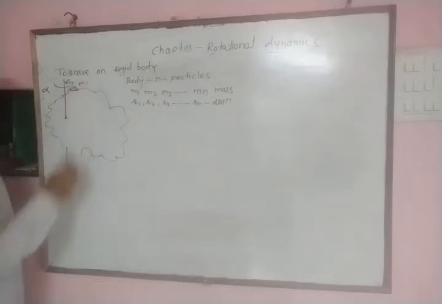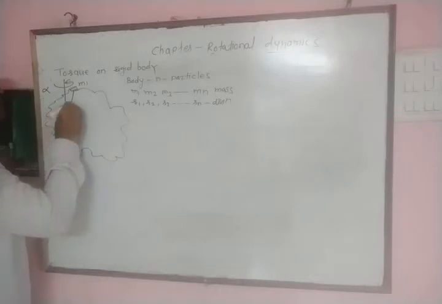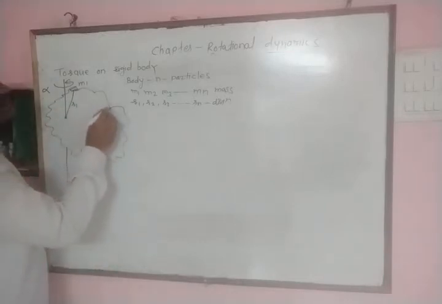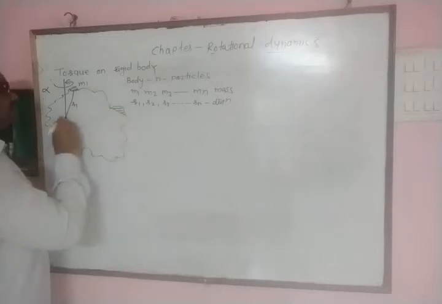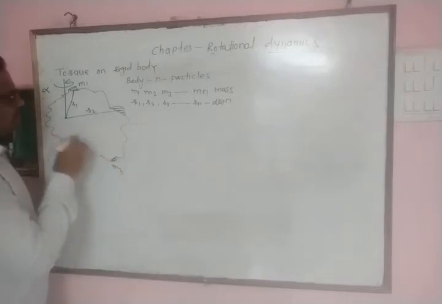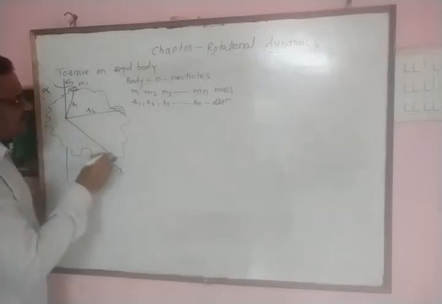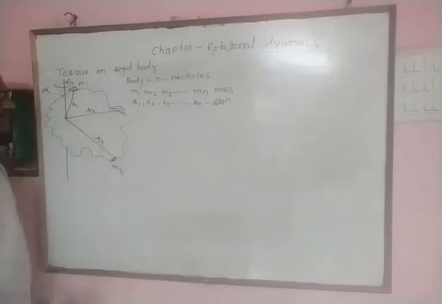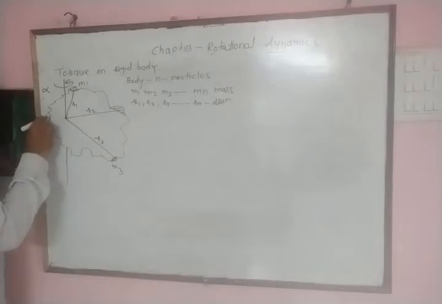Mass of first particle is m1, and the particle is present at distance r1 from the axis of rotation. Suppose this is second particle, it is present at distance r2 from the axis of rotation. Third particle is of mass m3 and it is present at distance r3 from the axis of rotation. In this way, the body consists of n number of particles.